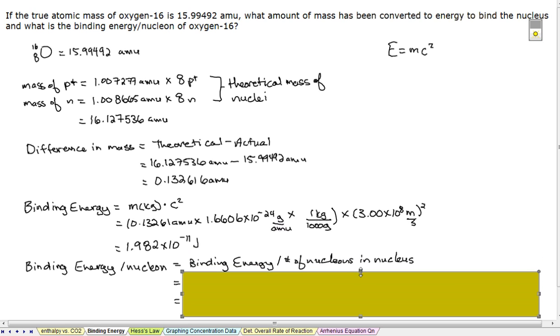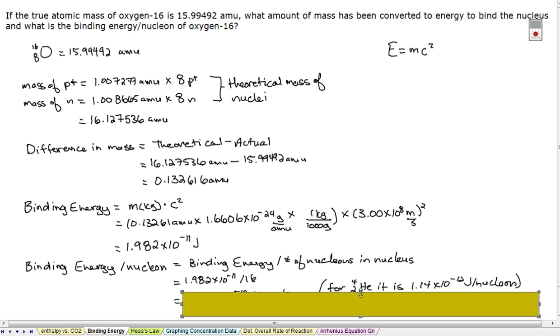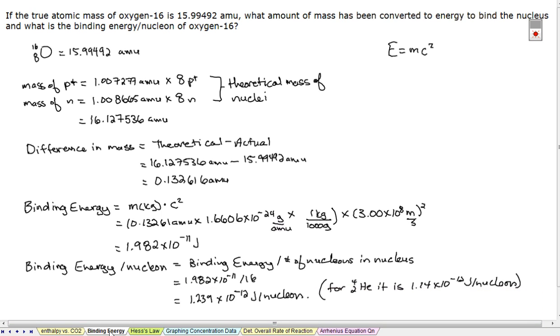To get that, we take the binding energy that we calculated, and we divide it by the number of nucleons in the nucleus. And this is both the number of protons and neutrons. It's oxygen 16, so obviously we have to take our binding energy and divide it by 16. And we get the following number, 1.239 times 10 to the minus 12 joules per nucleon.